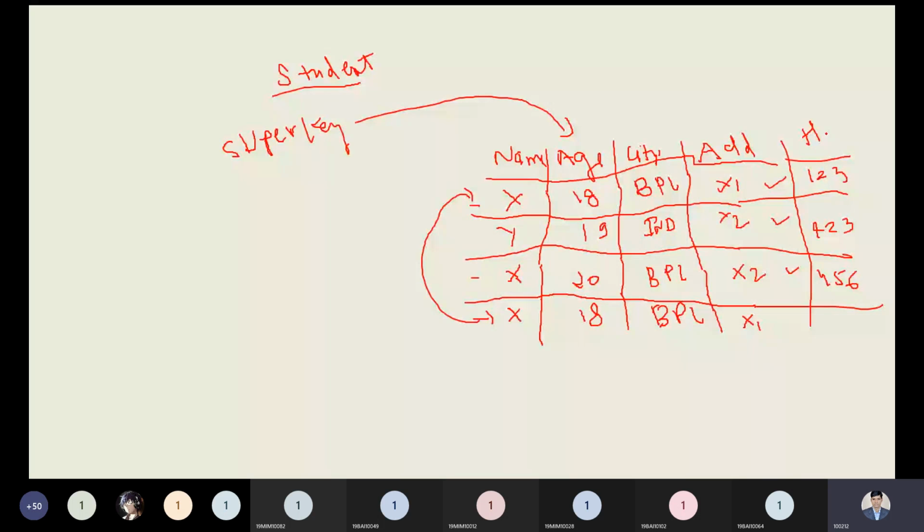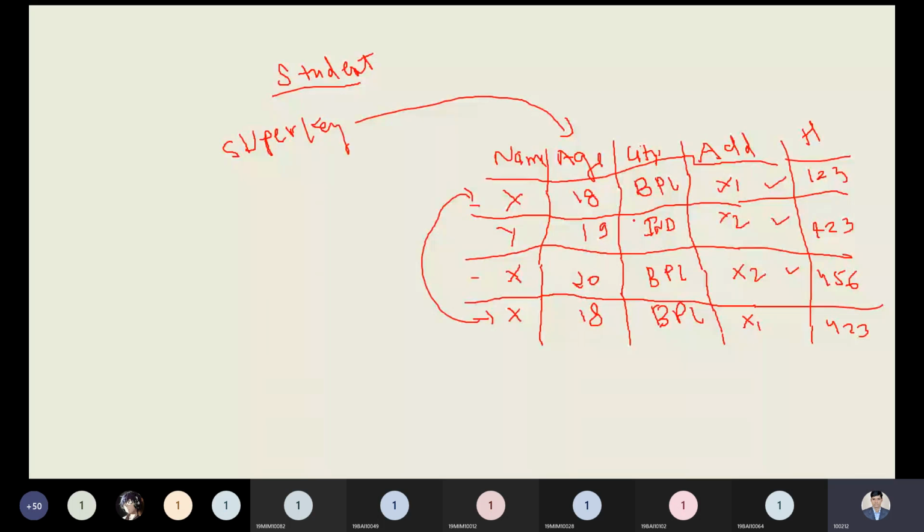Right now we have uniqueness, but after putting in all the details, it is found that this student x goes into room number 423. So now uniqueness will not be available here.